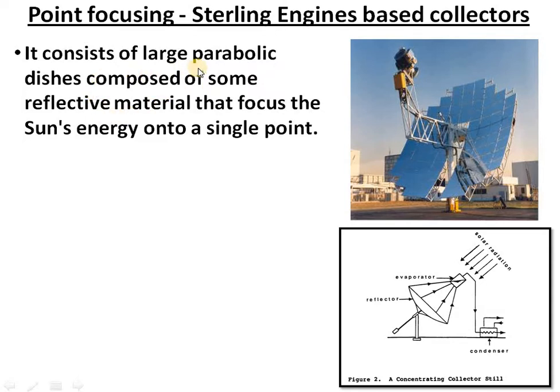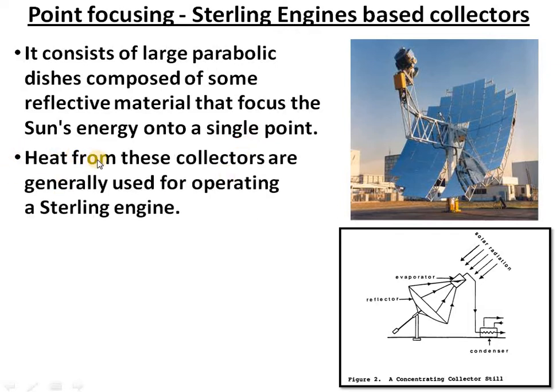Okay? So it is written here, it consists of a parabolic dish composed of some reflecting material, usually some metallic surface. Glass is very rarely used. You are using some metallic plates. And heat from these collectors is generally used for operating the Stirling engine.